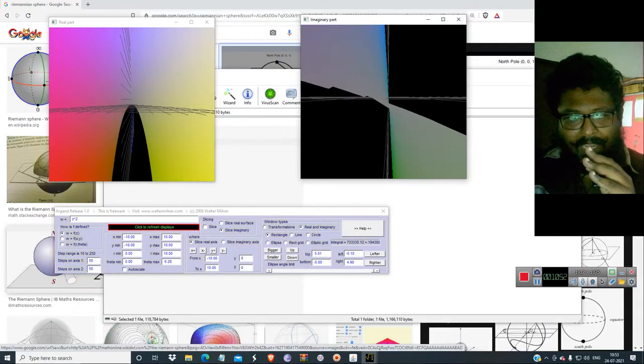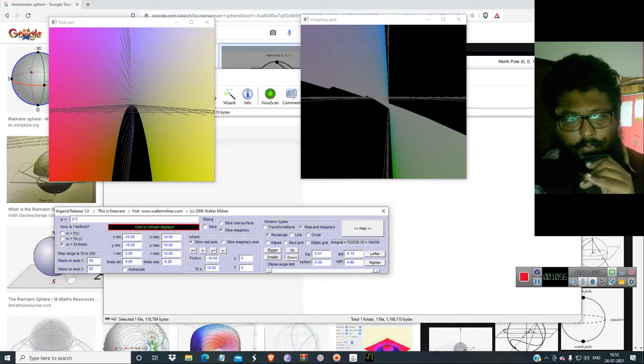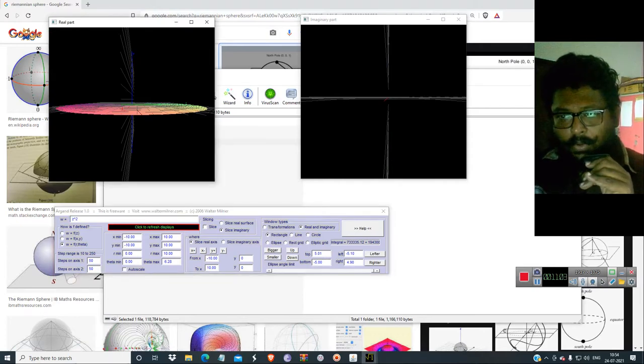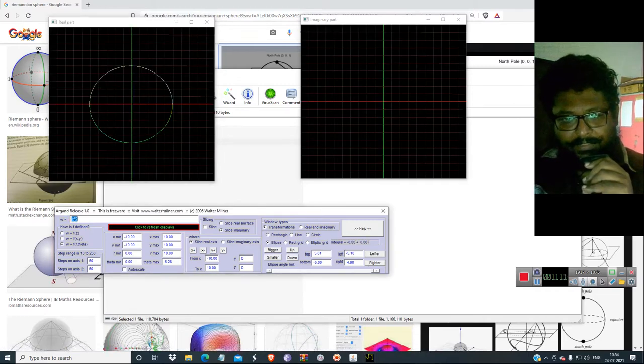If you have a very high grid view, or you can take an r theta view to view all these things. This is the r theta view, where you plot everything in terms of r and theta, radius and theta. Let me show you another thing.